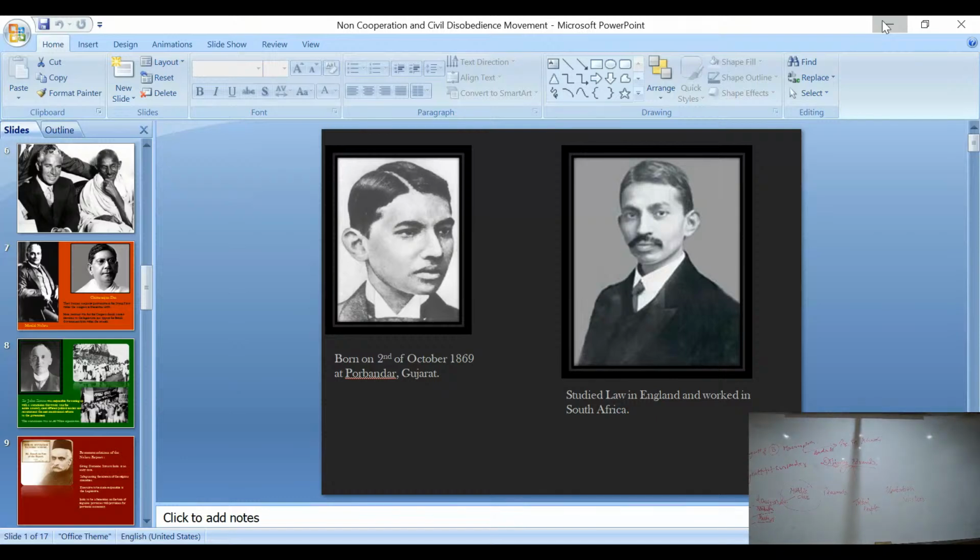And next line, believed that Gandhi Raj was coming. I'm not explaining you anything. Just underline the words. Gandhi Raj was coming. Next point.